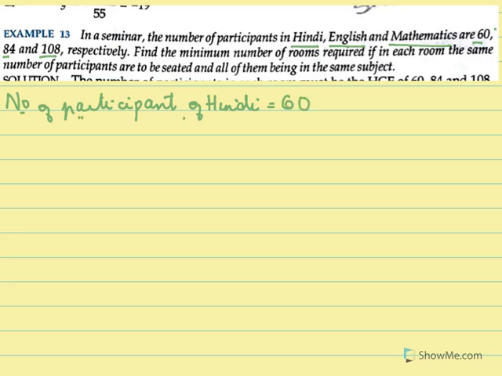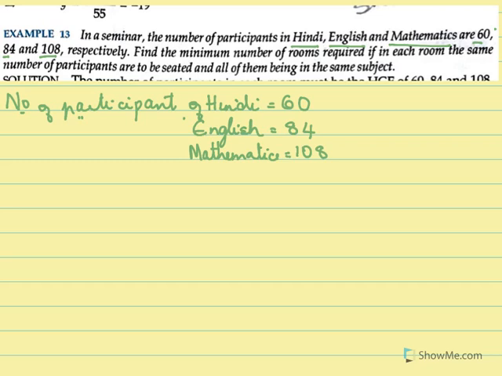Then number of participants for English is 84, and of mathematics is 108. Find the minimum number of rooms required if in each room the same number of participants are to be seated and all of them being in the same subject.